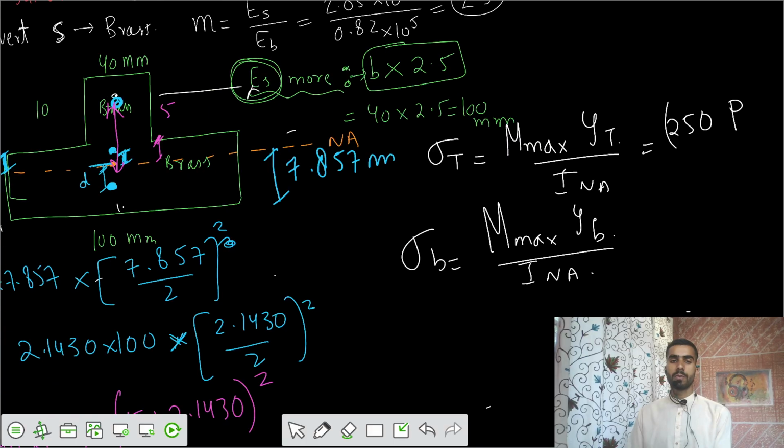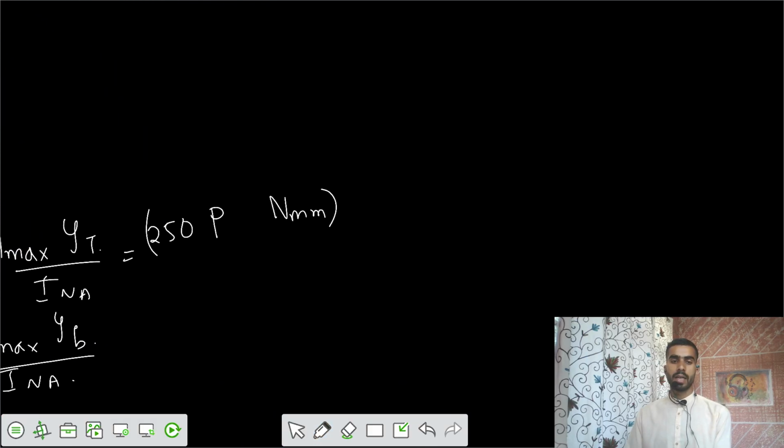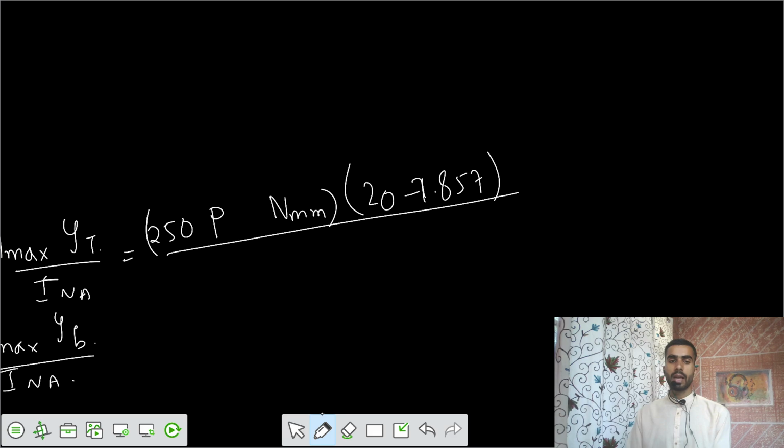Total depth was 20, and you subtract 7.857, so you write 20 minus 7.857, divided by the neutral axis INA, which was 4.0238 10 to the power 4 mm power 4, and y top was also in mm, so you got this value.